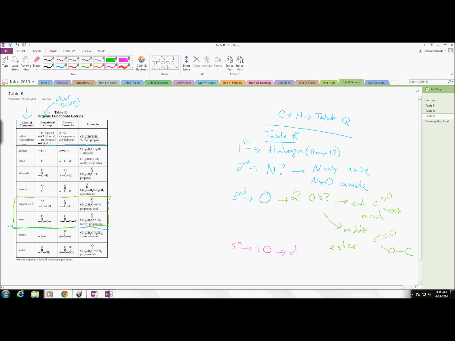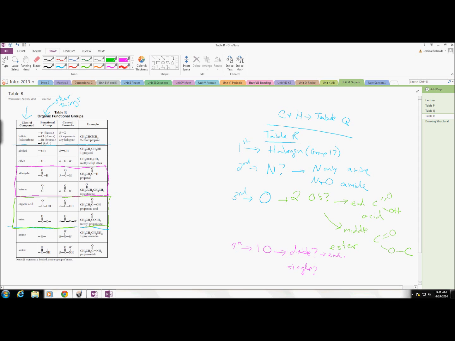you're going to look to see, is it held on with a double bond or only single bonds? So if there's a double bond, we're right here in this section I'm boxing in pink. We're back to, is it the end or the middle?